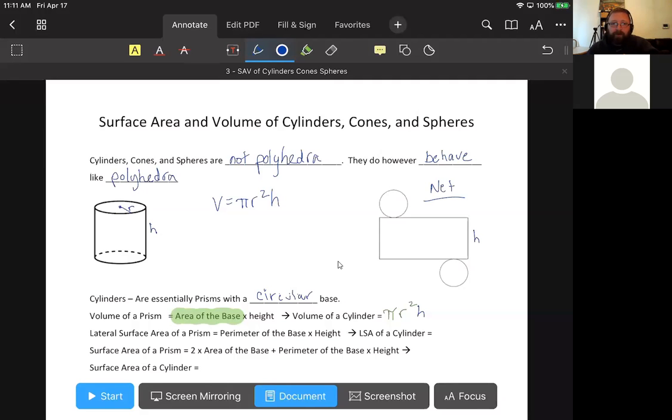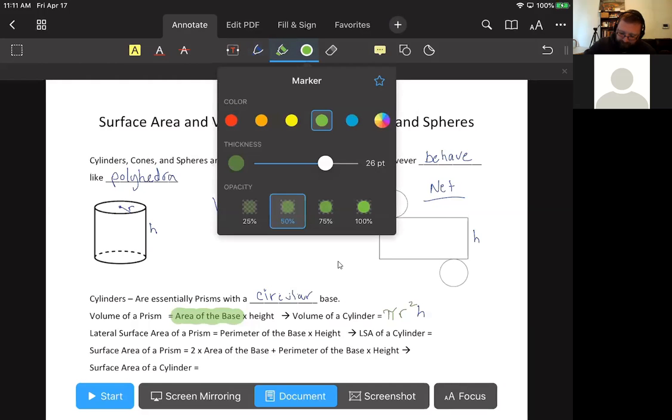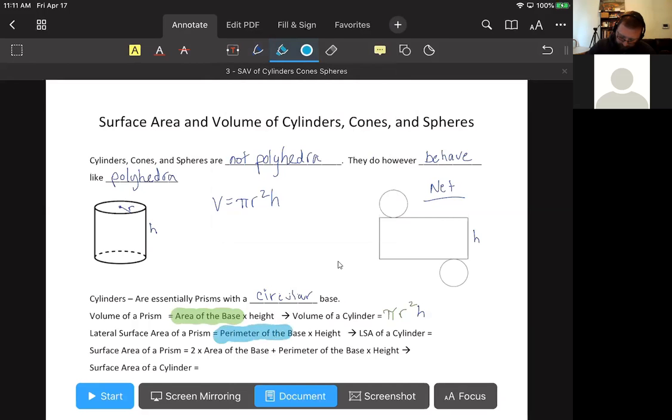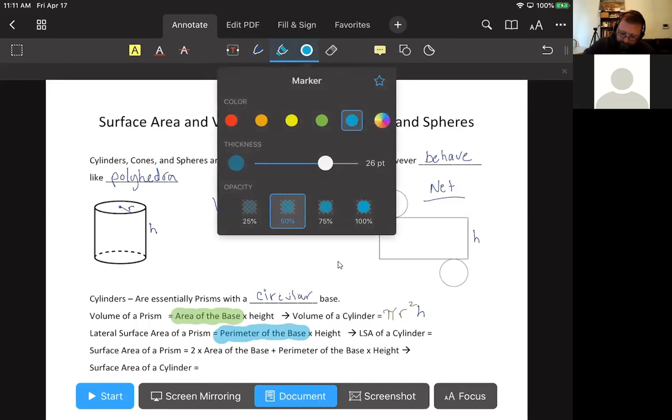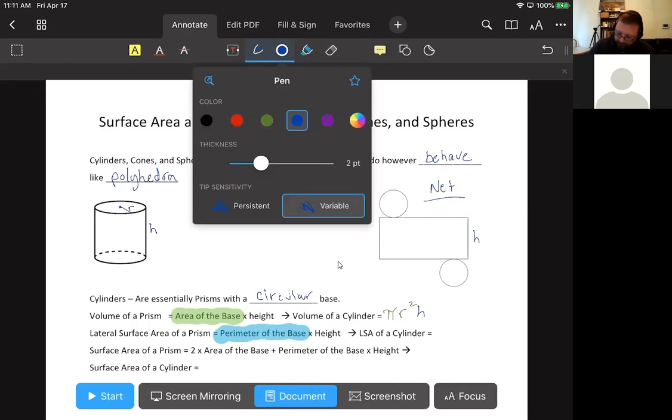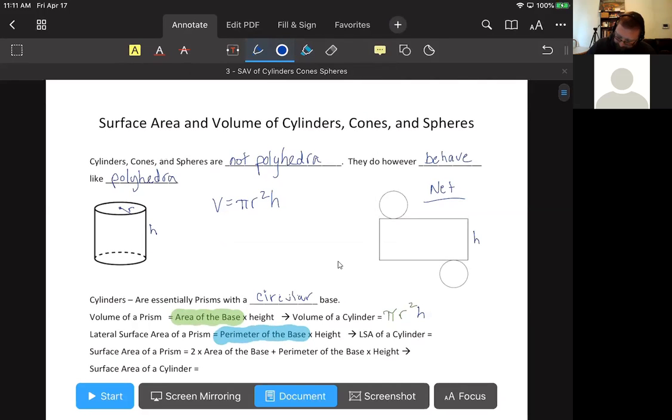So instead of the perimeter of the base, we are going to insert the circumference of the circle, which is 2 pi r. And then to that, we will add the height.